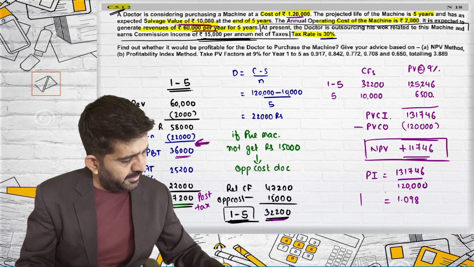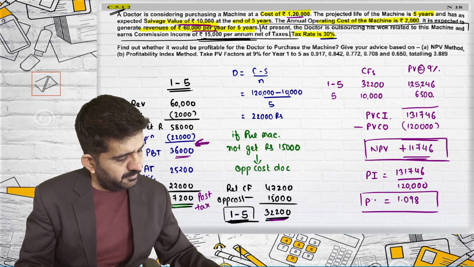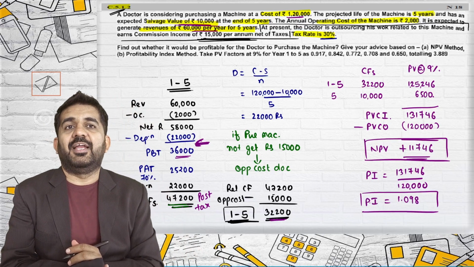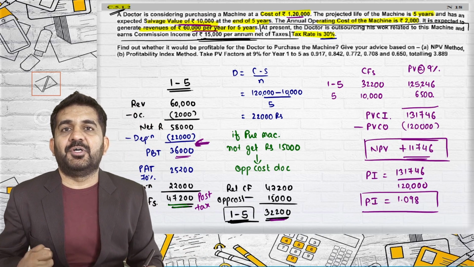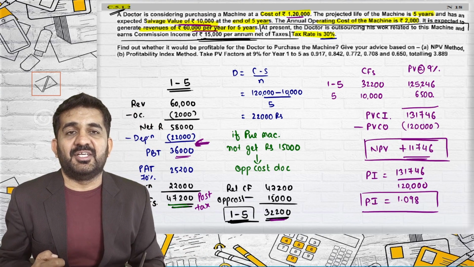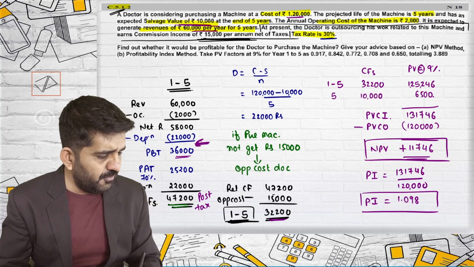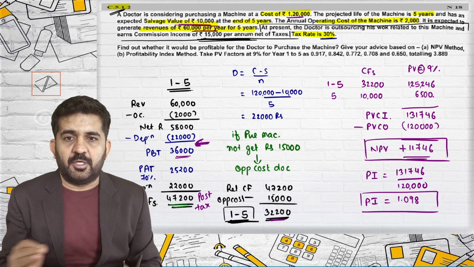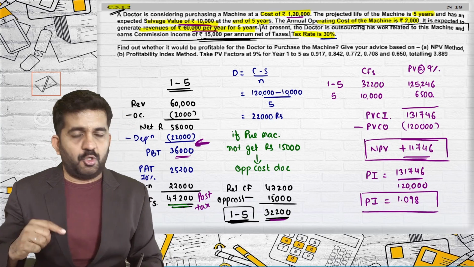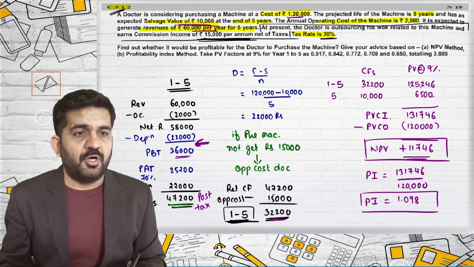Again, it is greater than 1. What I'll advise the doctor: accept the project as the project is earning more than a 9% rate of return. You should write down the statement. Accept the project as the project is earning more than a 9% rate of return.